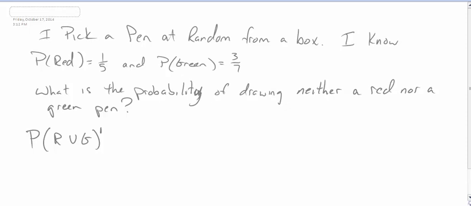I don't want red or green. So I want the complement of that. So let's start, before I find this, that's just going to be 1 minus probability of red union green. So we need to find this. That's the first thing we've got to do. So probability of red union green.